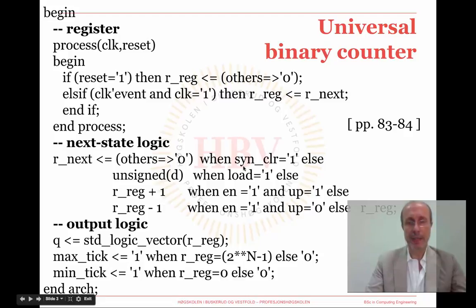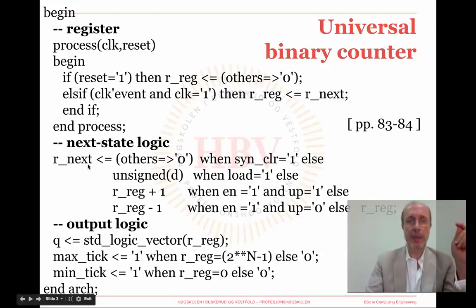Now, on the other hand, if the synchronous clear input goes high, then the register_next signals will go immediately to 0, as indicated here in the next state logic, which belongs to the combinational logic segment in this description. This will happen immediately. However, the register outputs will be set to 0 only whenever there is a rising edge in the system clock.